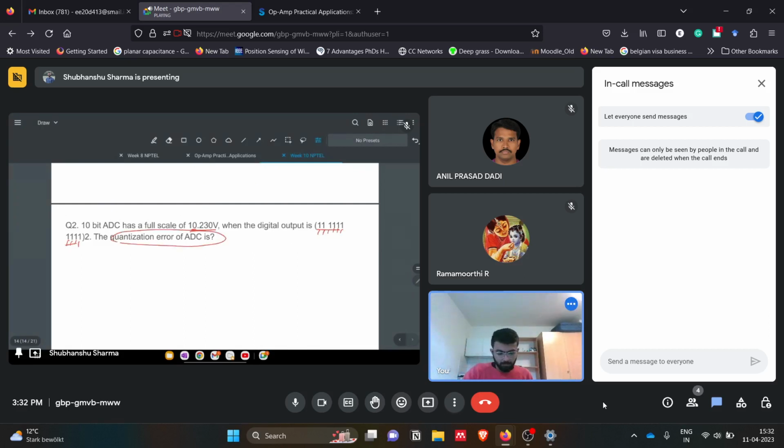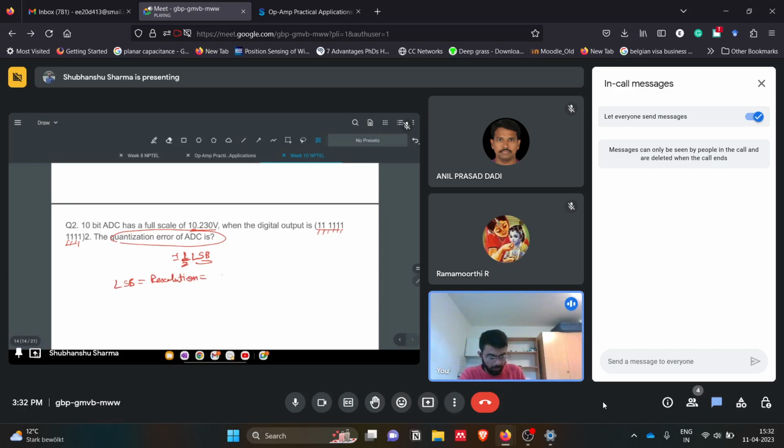Quantization error, as you must have observed in lectures, is plus or minus half of LSB. So what is LSB? Least significant bit, that is the resolution of the ADC.